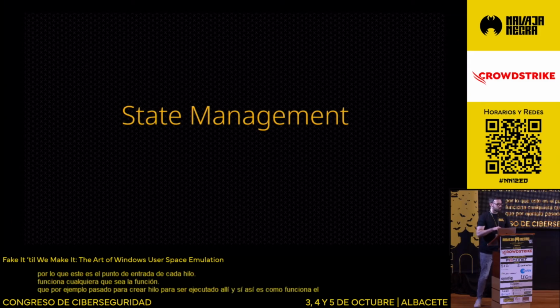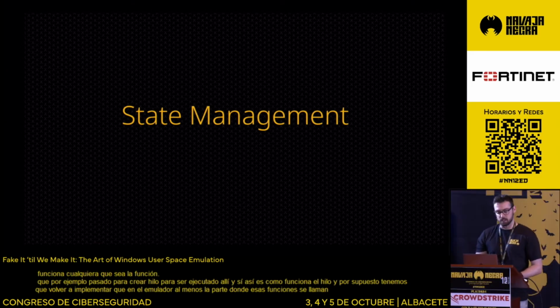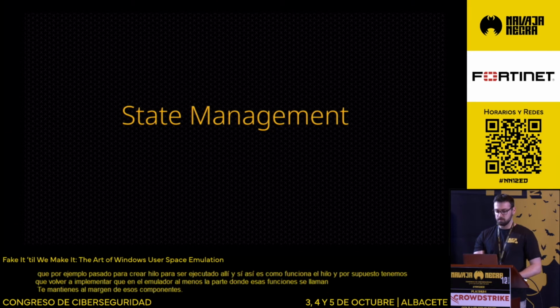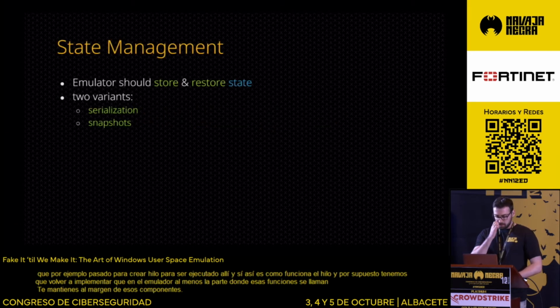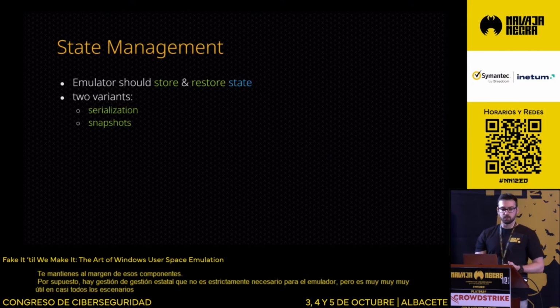Aside from those components, of course, there is state management, which is not strictly needed for the emulator, but it's very, very helpful in almost all scenarios. Again, the emulator should be able to store and restore its emulation state, and this can be done in two different types.